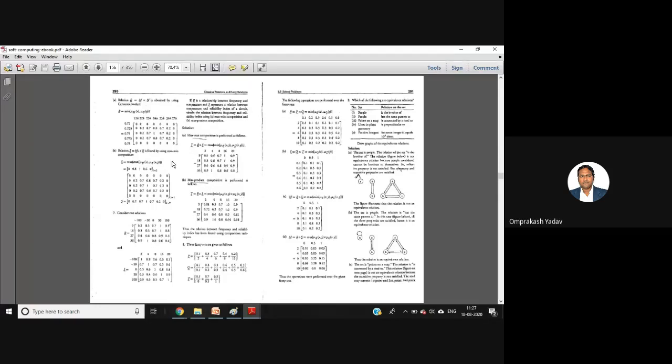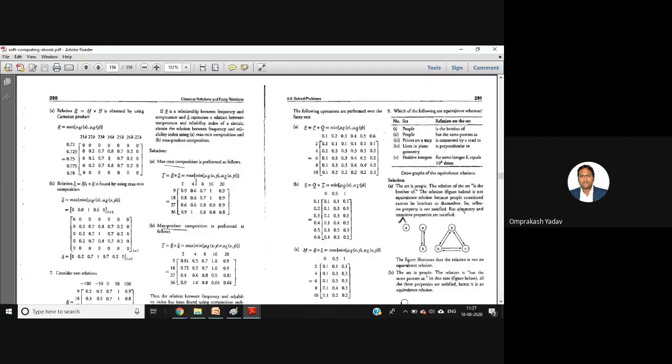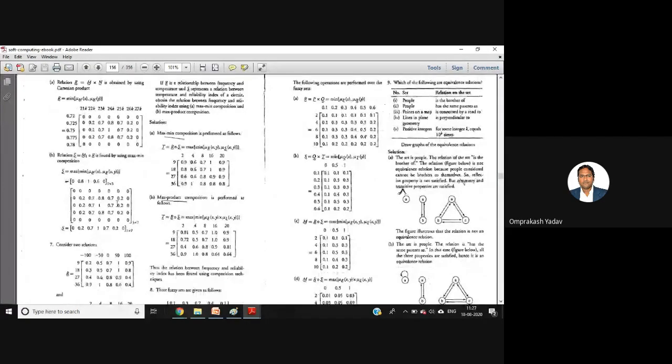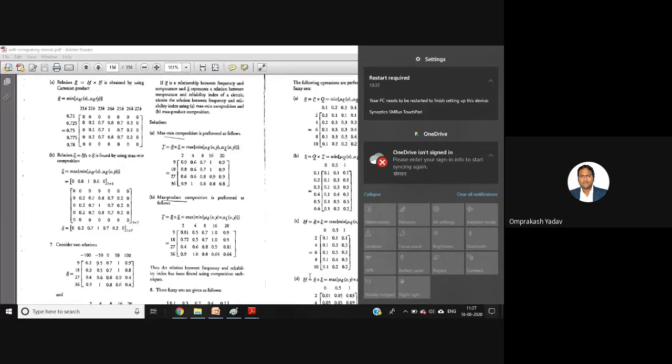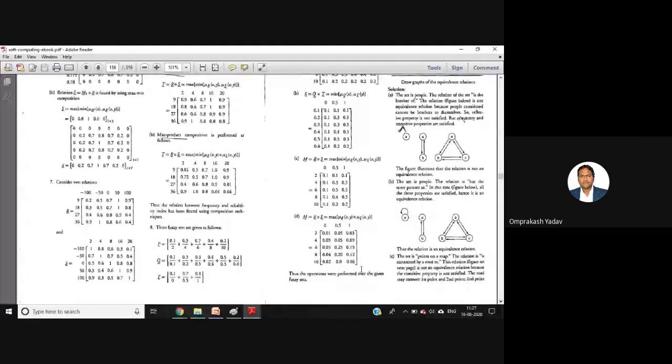Okay, so this is the problem. All of you can see these two sets, R and S. Please check if any value is wrong. Please correct me if so.